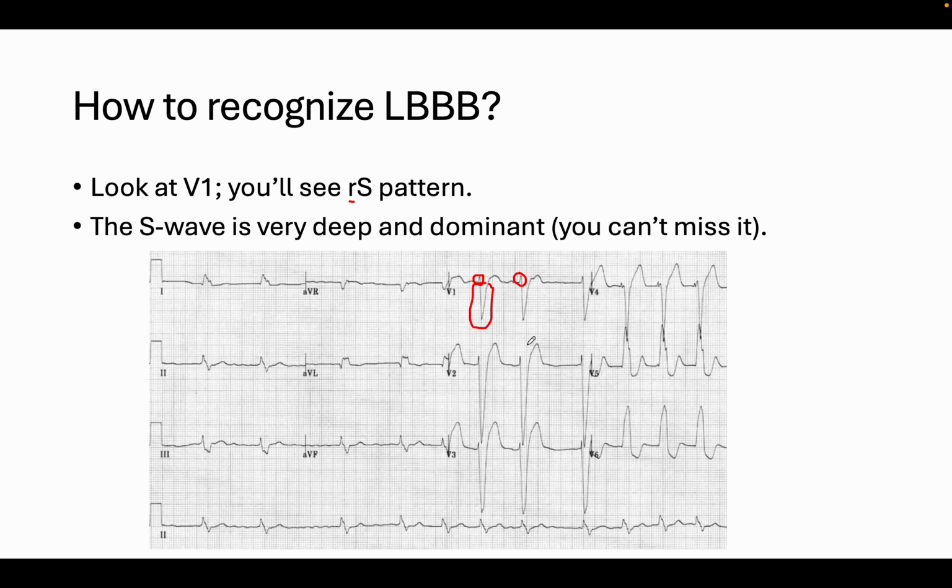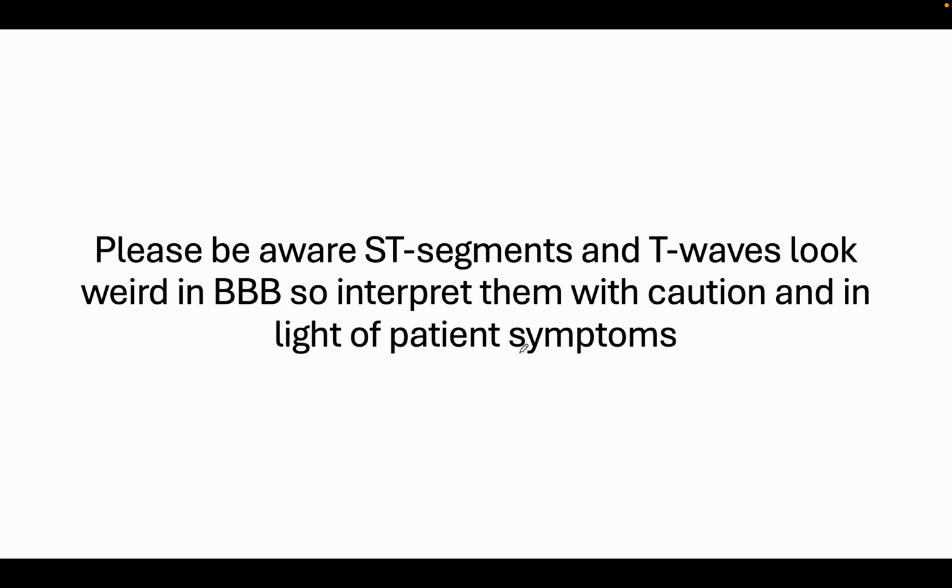But ST changes occur in bundle branch blocks, and so it becomes difficult to make a diagnosis of a STEMI and NSTEMI in a left bundle branch block. So I always say analyze it with patient symptoms, because if a patient is coming in with chest pain, it puts you at more suspicion that it's actually an ACS that you're dealing with, rather than it being just normal.